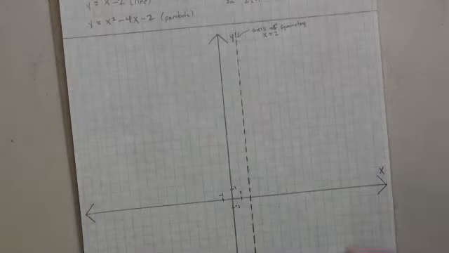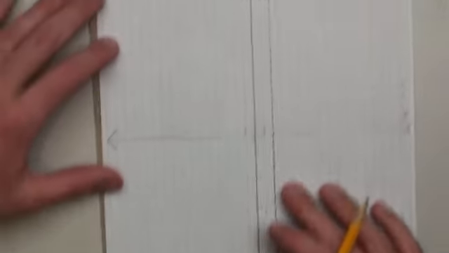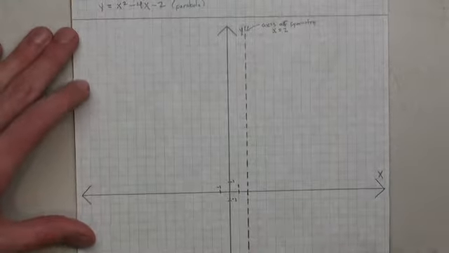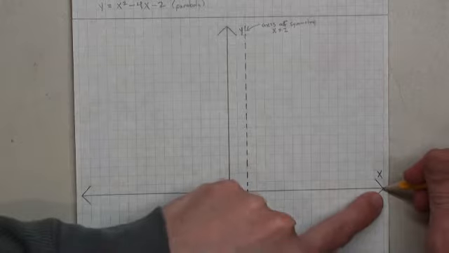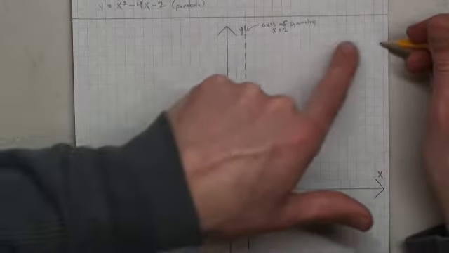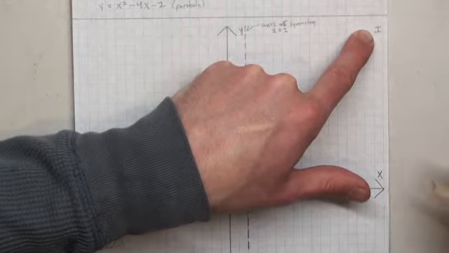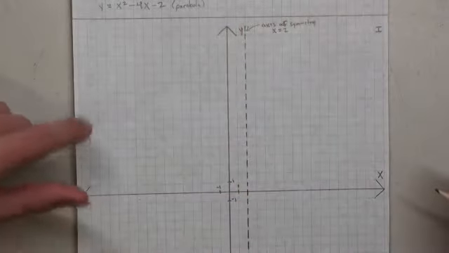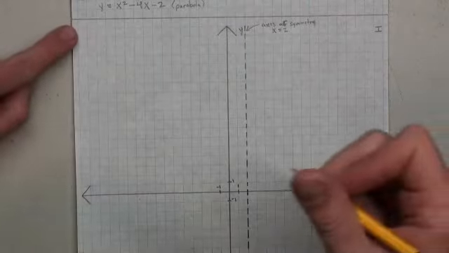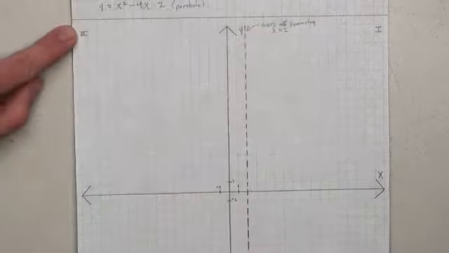Okay? So here's what you do. In the bottom, in the third quadrant, right? Let's label our quadrants also. Go up from this arrow and come right from the top arrow, and where they meet, put a Roman numeral 1, that's quadrant 1. And then up here, this is Roman numeral 2, quadrant 2.